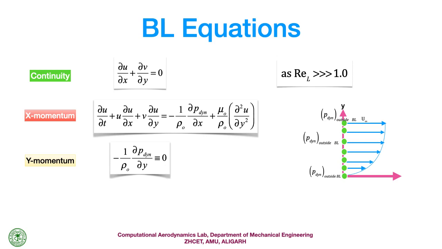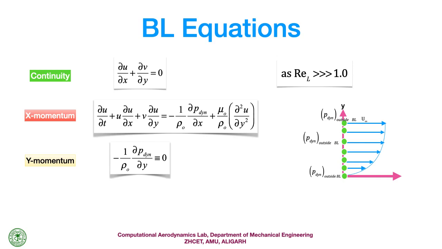So if we have boundary layer equations, the first and foremost thing is that the boundary layer equations are only valid for flows with Re_L much greater than 1. The continuity equation is the familiar ∂u/∂x and ∂v/∂y. There is no change in the continuity equation.